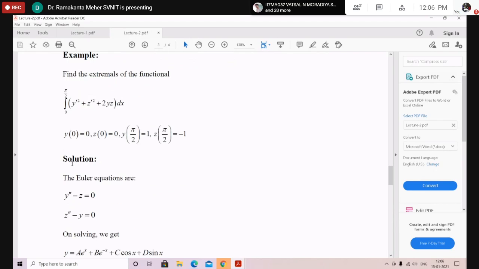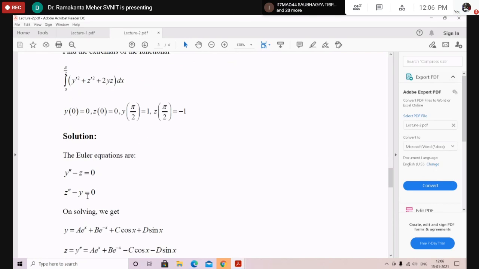For the dependent variable y, we get one Euler equation, that is y double dash minus z equal to 0, and the second one gives z double dash minus y equal to 0. You can see this from here also.